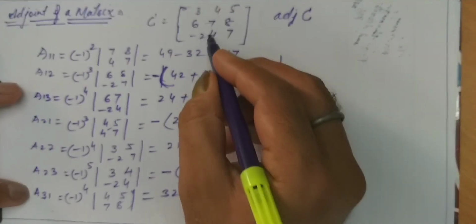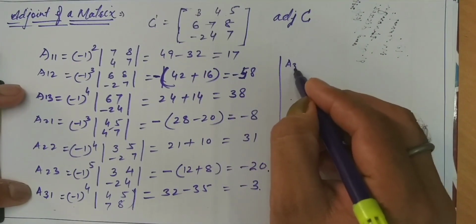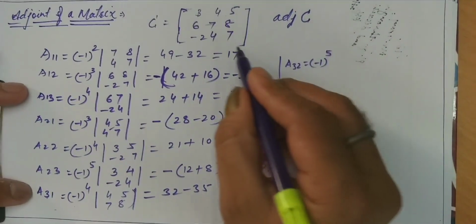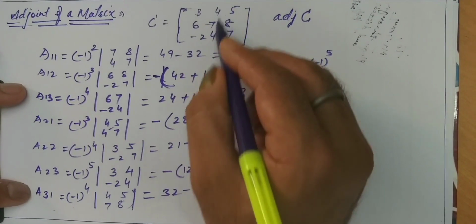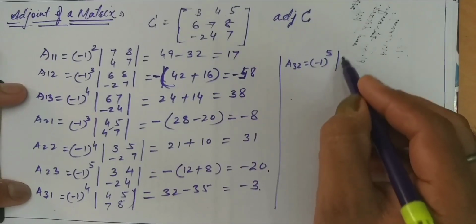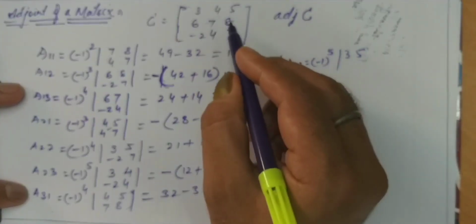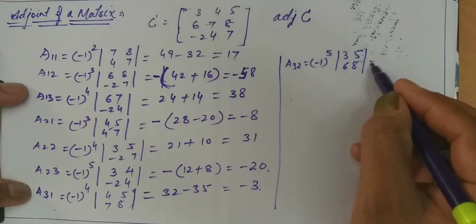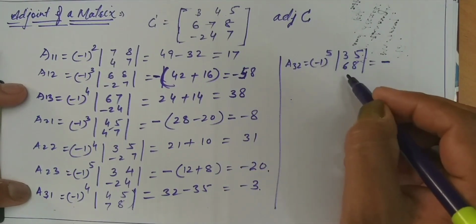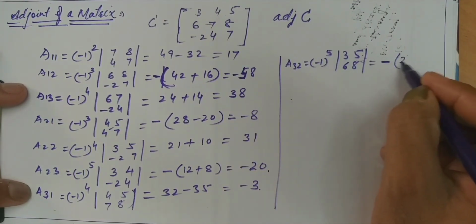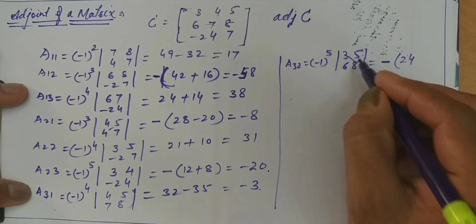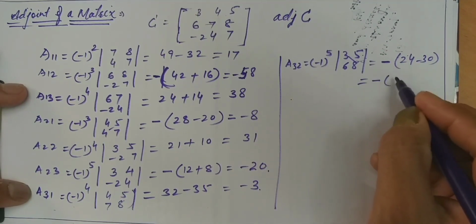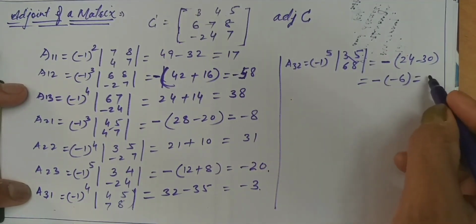Then A32, which is equal to minus 1 to the power 5. This is 4. Leaving this way, 3 5 and 6 8, which is equal to minus 1 to the power 5, 24 minus 30, which is equal to minus and minus 6, which is plus 6.